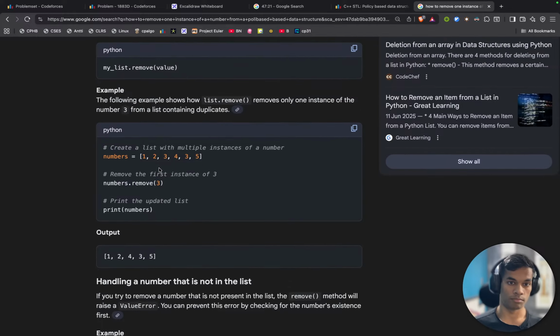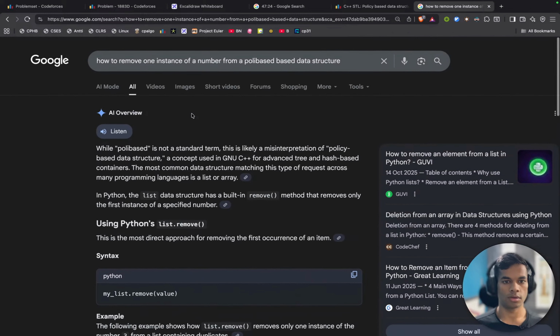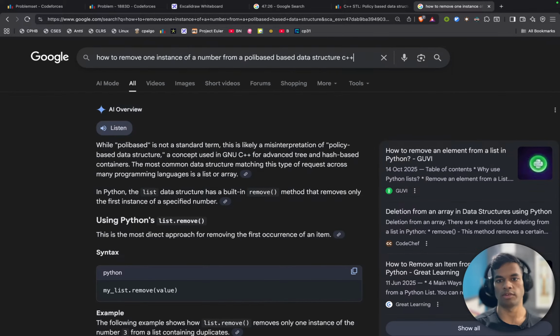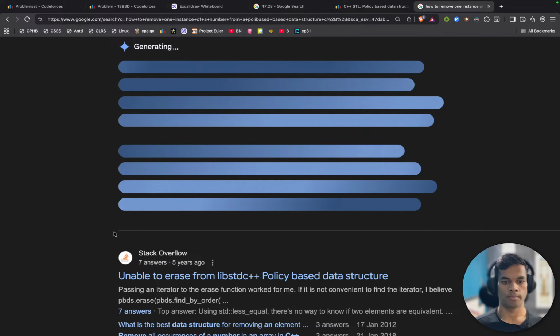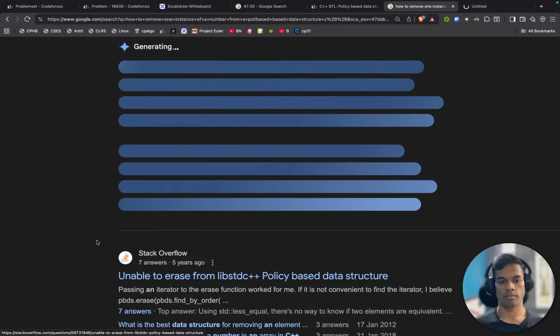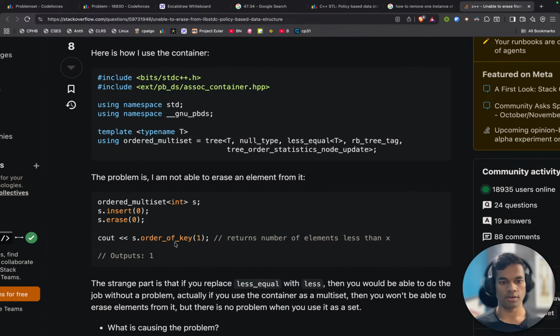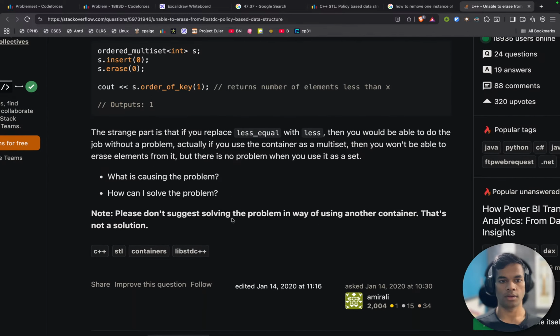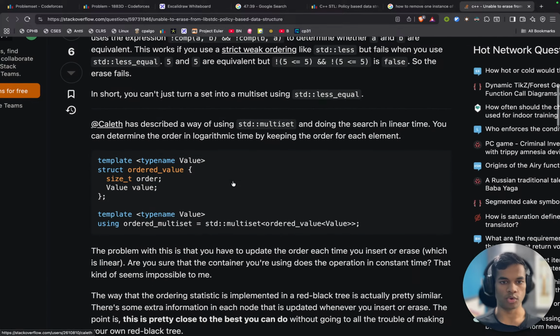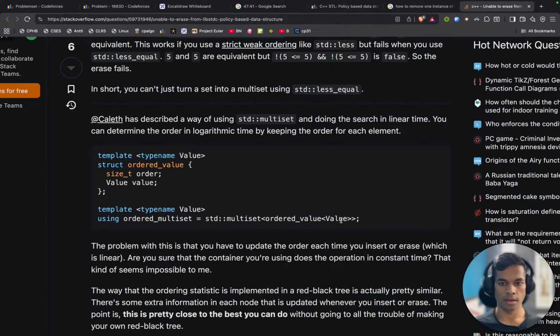They say use remove, but the same problem on Sharecpp: unable to remove our element, insert, erase. Yeah, sure, we are unable to remove our element. This is the exact problem.